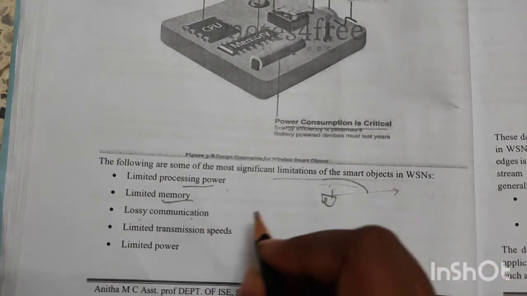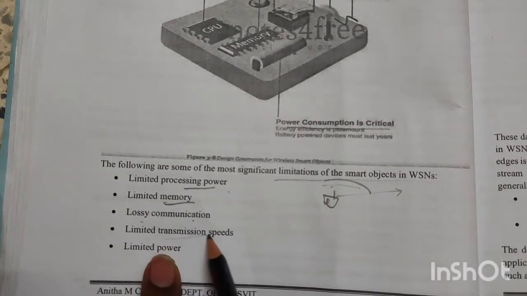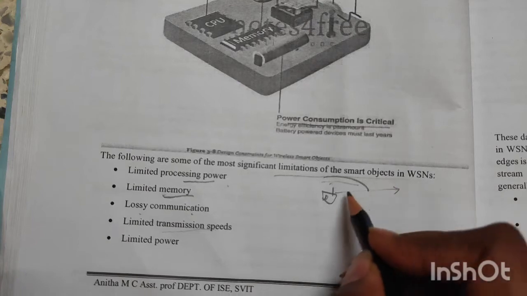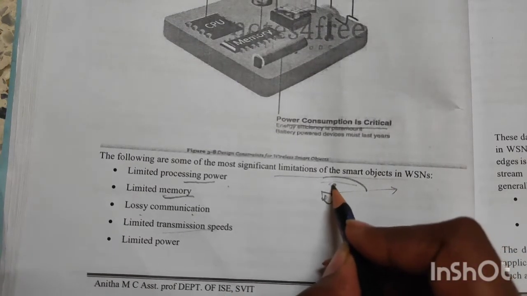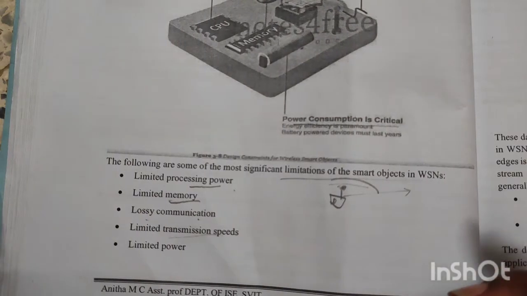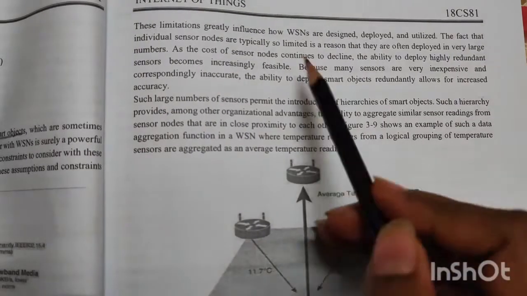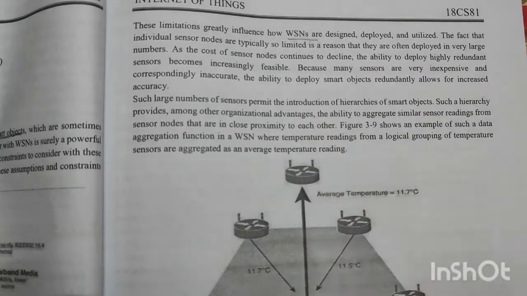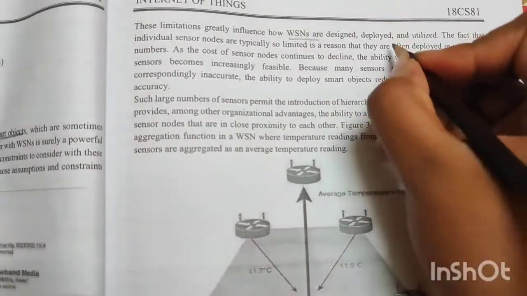It has a range which can be fulfilled. And then transmission speed: since you're using it to connect without wires, your transmission speed reduces and you have limited power which can be used. These influence how wireless sensor networks are designed, deployed and utilized.